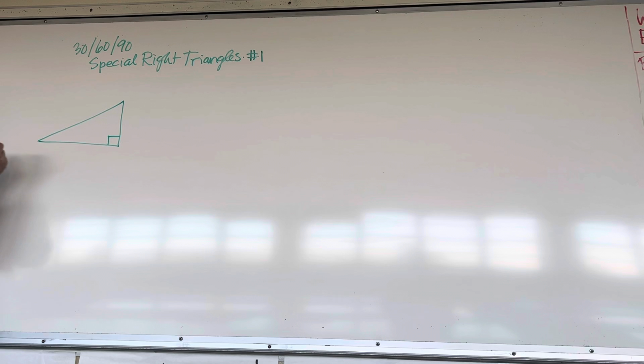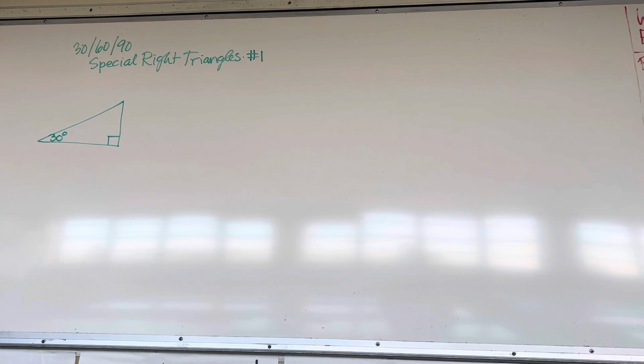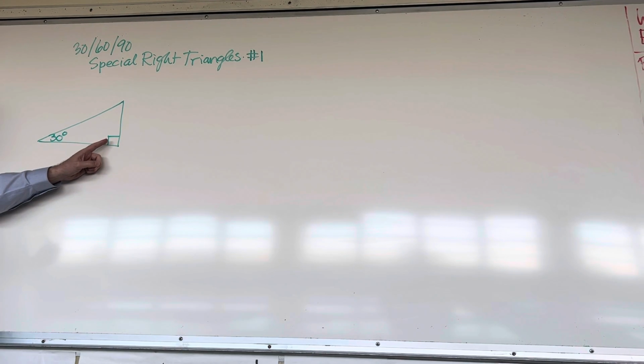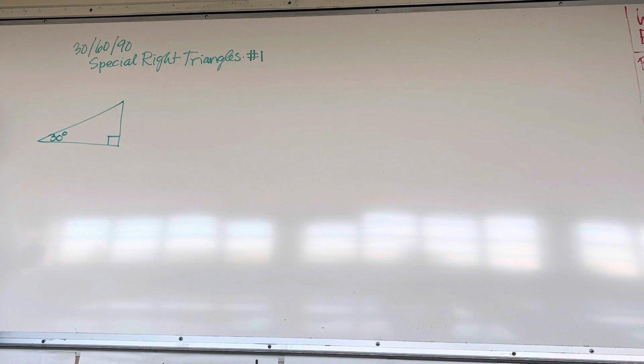If I told you that this angle was 30 degrees here, so you know this one's 30, this one's 90. Do you know this one up here? It's going to be 60. Why?